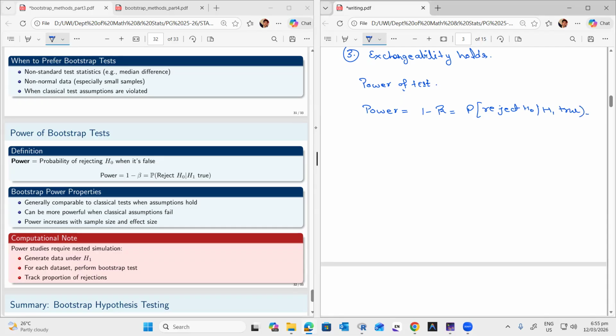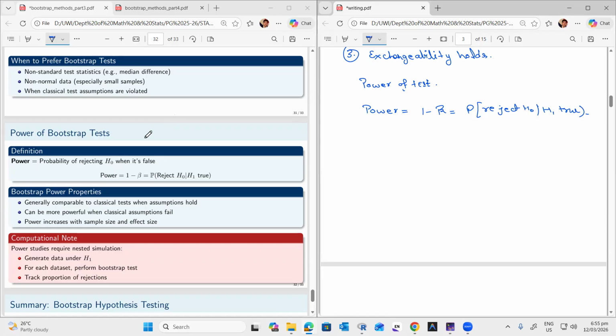The power of a bootstrap test is generally comparable to the classical test when assumptions hold, and can be more powerful when the classical assumptions fail, and the power increases with the sample size and the effect size.